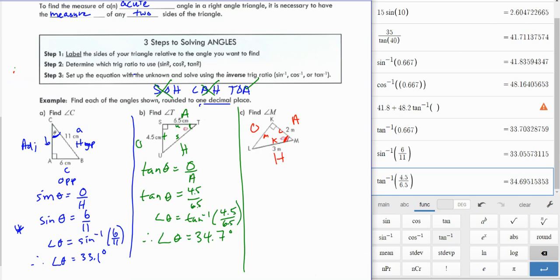So we know information for the hypotenuse and the adjacent. So we're not going to use these two. We're definitely going to use cosine. Okay, so cos theta equals the adjacent over hypotenuse.